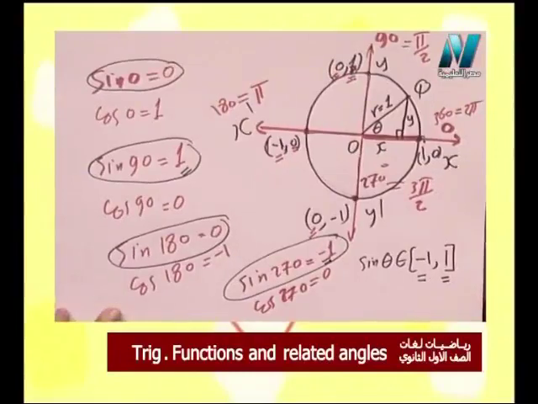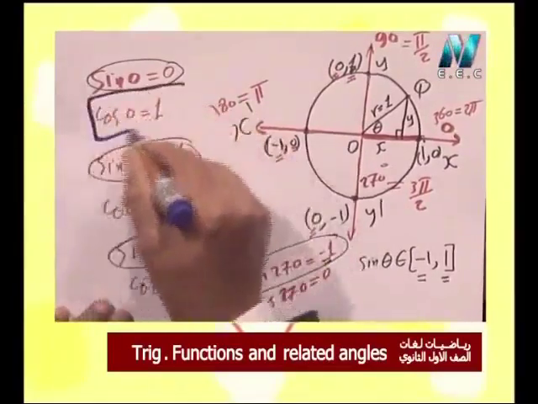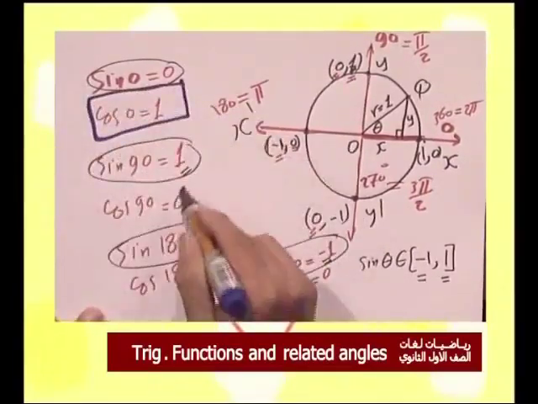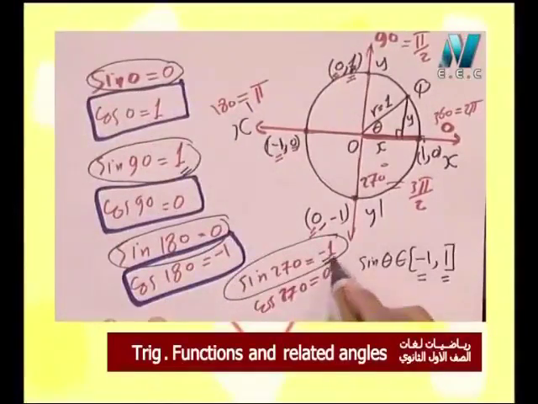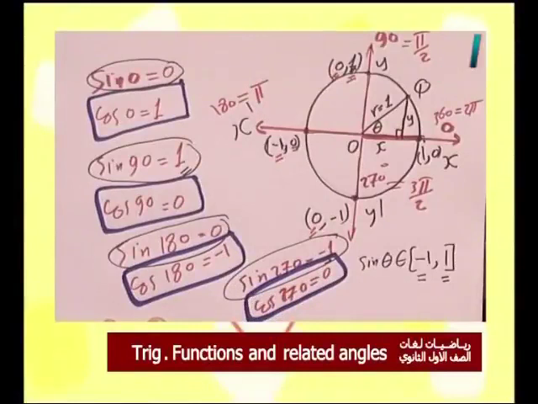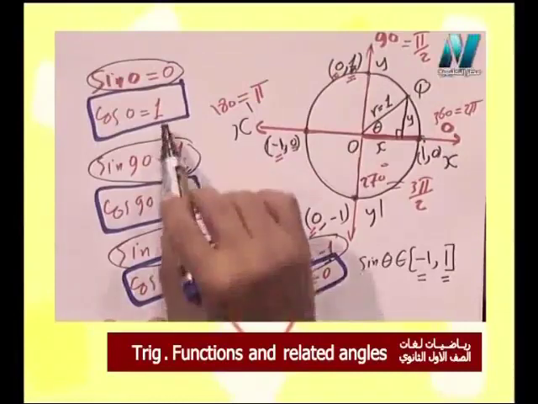And look carefully at cosine. We have cosine 0 equals 1, cosine 90 equals 0, cosine 180 equals negative 1, and cosine 270 equals 0. So we can see here that the smallest number cosine can take is negative 1, and the greatest number is 1.